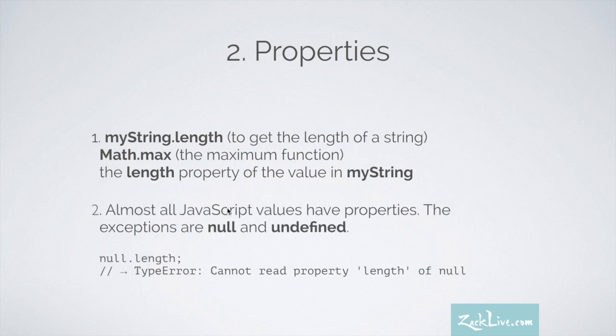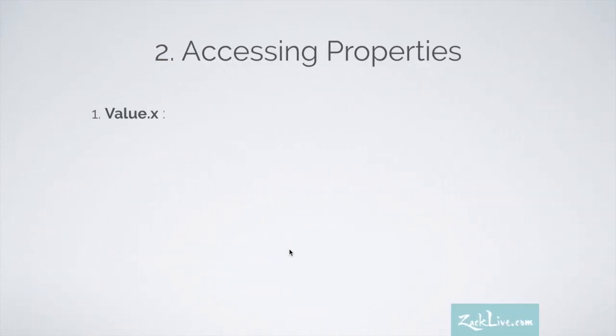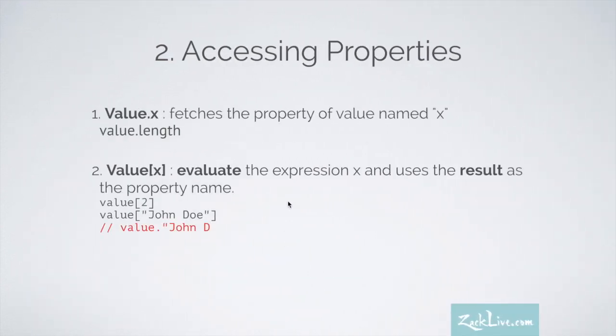Almost all JavaScript values have properties except for null and undefined. So if you use the length property on null, you will get an error message. There are two ways to access a property.